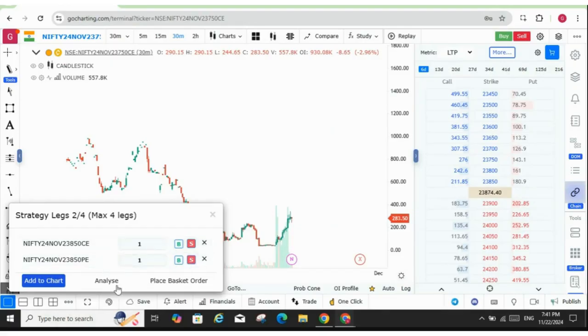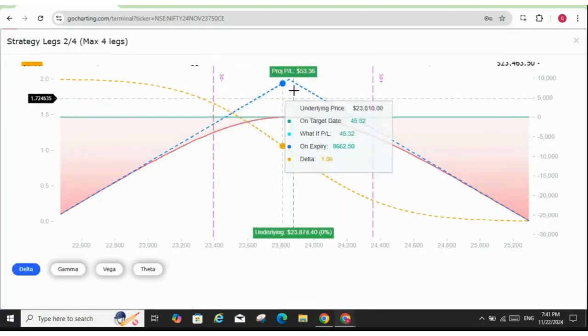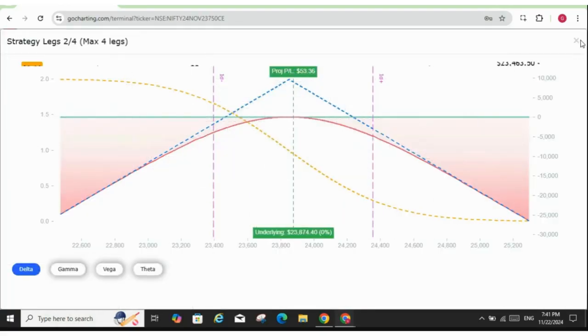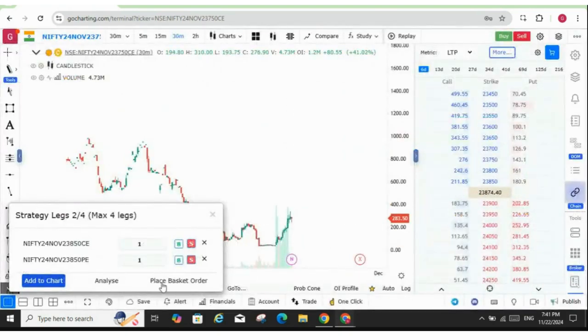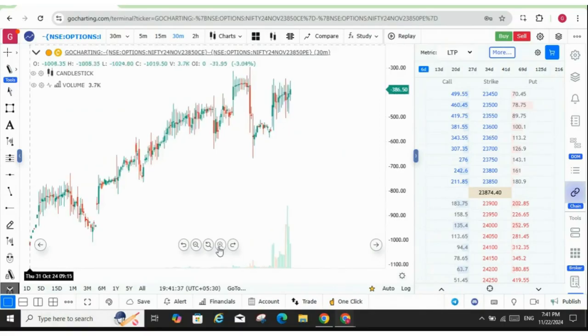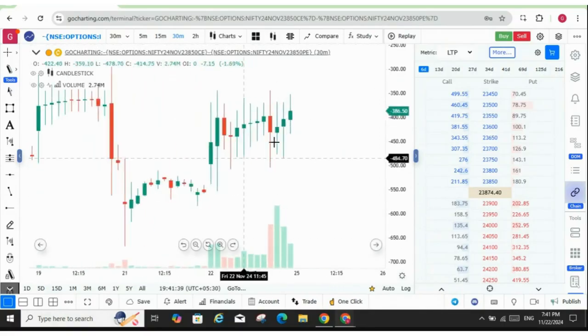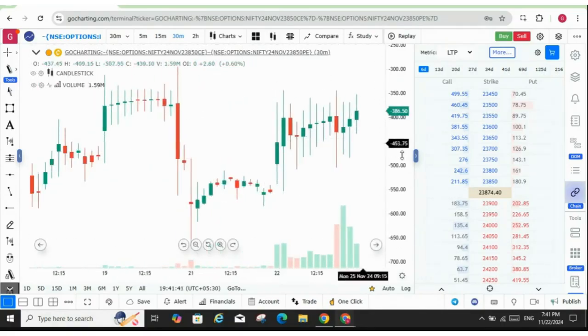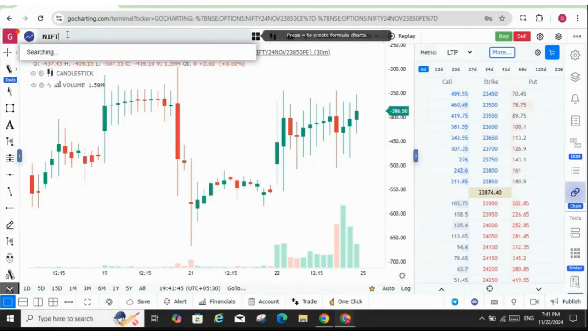Now you can analyze these positions if you are interested in making option strategies, and then you can place the basket order, and you can also see the strategy chart. So if you are selling these two strikes, okay, what will be the strategy chart for this? This is your profit and loss strategy chart. Okay, these are very interesting options. So you can make all these things from here very quickly.